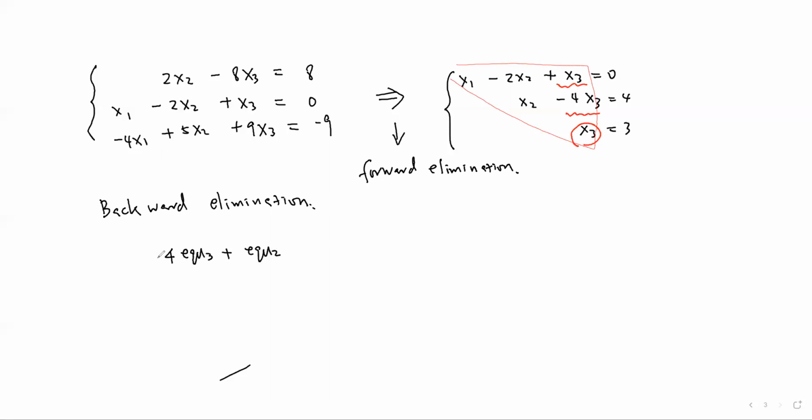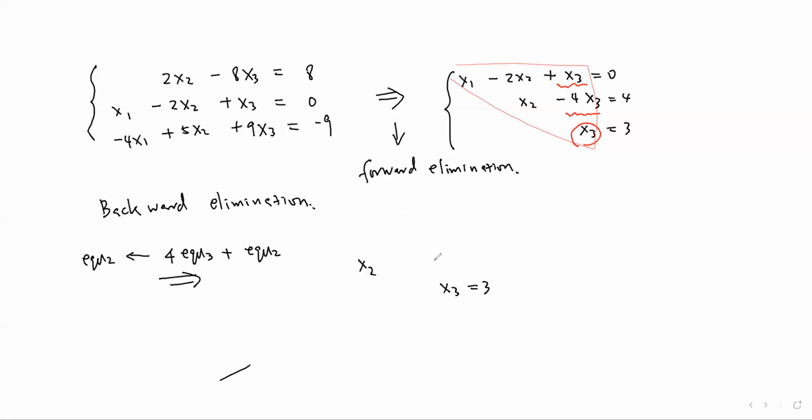Then I have a new equation. Plug in the new equation in equation 2. Then the third equation is not changed, but what is changed is equation 2. 4 times equation 3 added to equation 2, then I get this equation, x2.